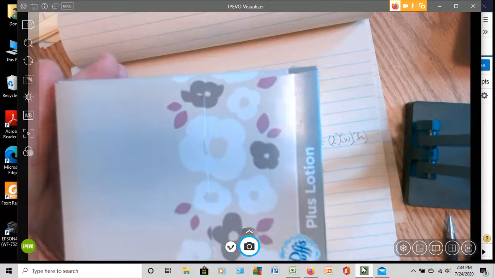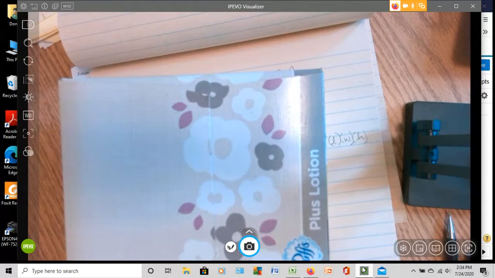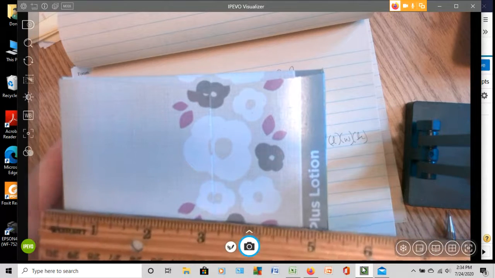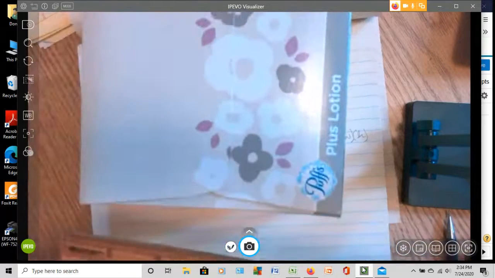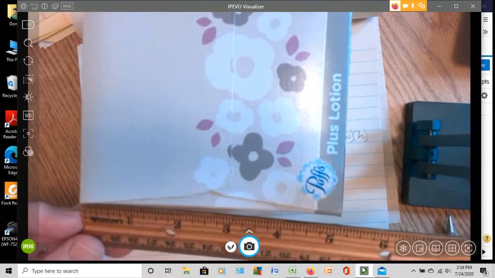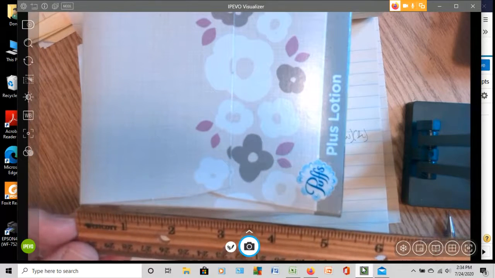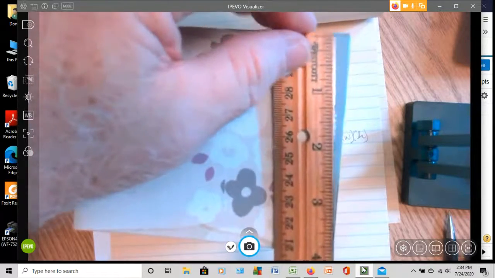One other visual aid is a Puffs Kleenex box. How much does that thing hold? I really don't know. Have you ever measured one? Well, let's measure this one. It's 5 this way, remember 5, and 4 that way.